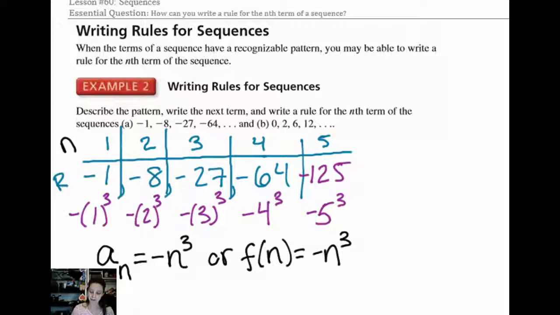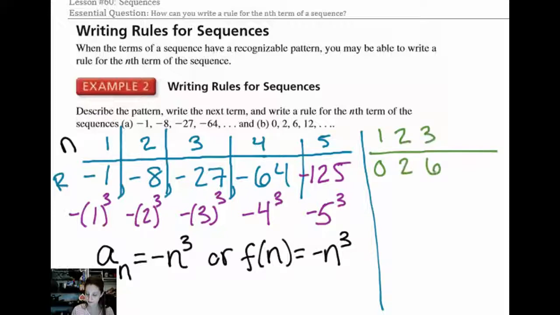Pattern B. Okay, I'll start with a smaller table. We have the first term is 0, second term is 2, third term is 6, fourth term is 12. I've got to find the fifth term.